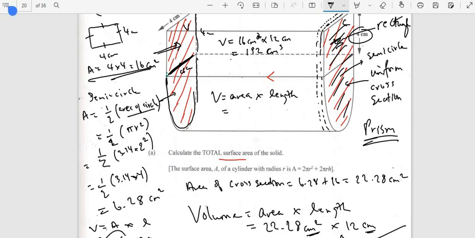Half of the area of the circle, so half of pi r squared, and we got 6.28 centimeters squared. I'm going to multiply that by the distance between them, which is 12. So 6.28 times 12 gives us 75.36.